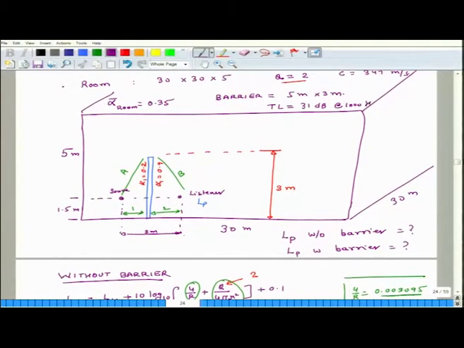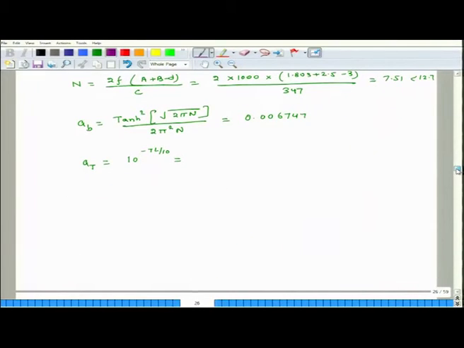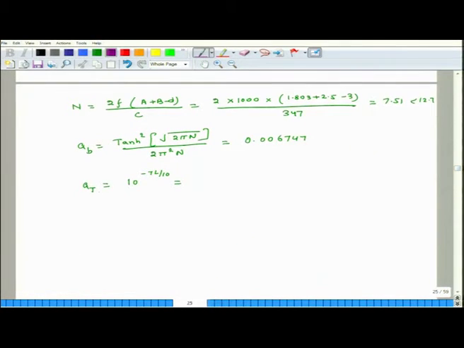So, this is one data I had omitted, I am sorry, but this transmission loss number will help us compute AT. So, this is equal to 10 to the power of minus 31 divided by 10. So, that is equal to 0.000794.